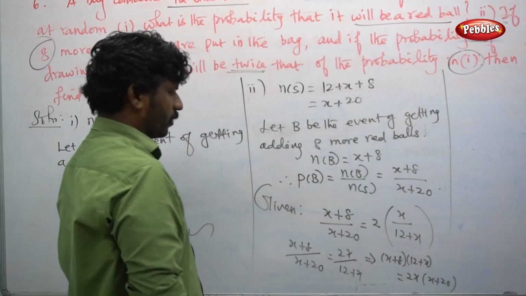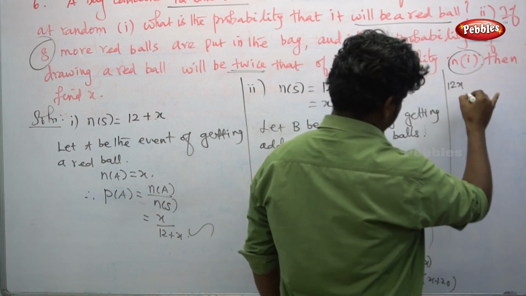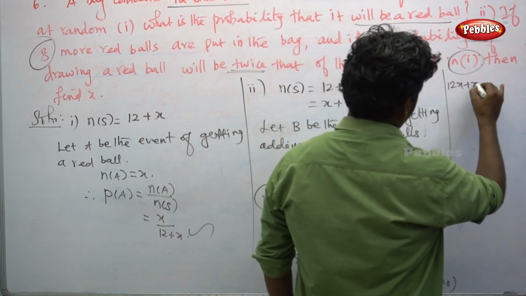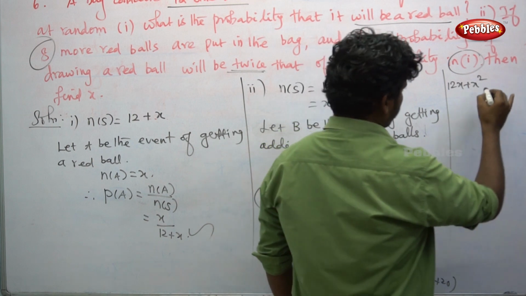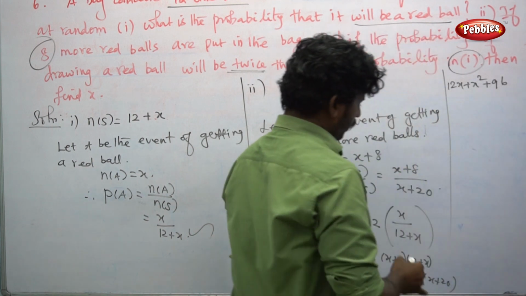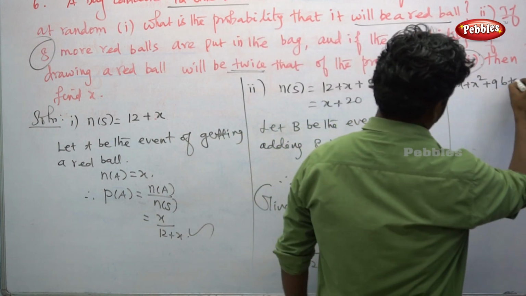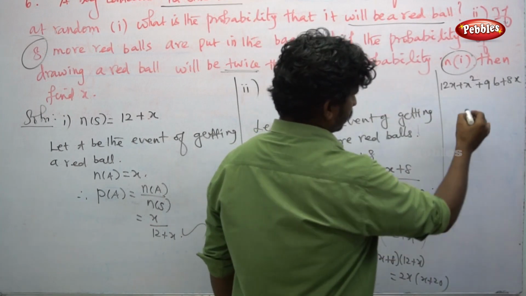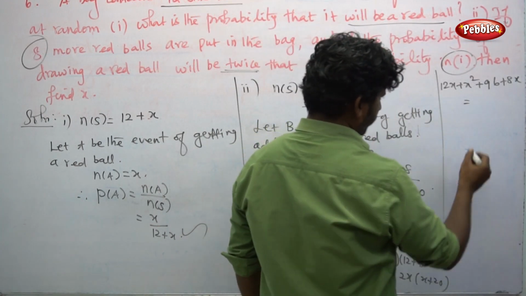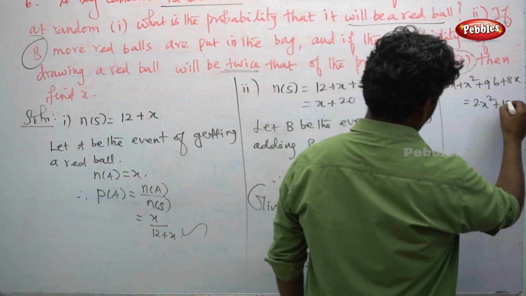Now see, we simplify. This is x into 12, the 12x, x into x, the x square, 8 into 12, right? So this is 96. This is 8 into x, the 8x, right? Which is equal to, this is 2x into x, 2x square, and this 2x into 20, the 40x.